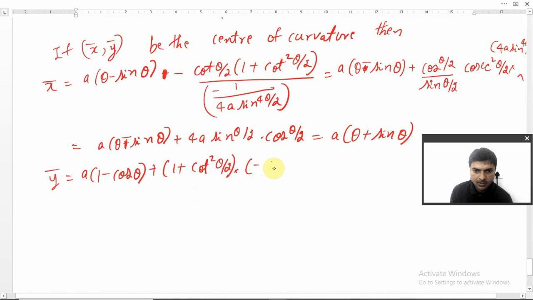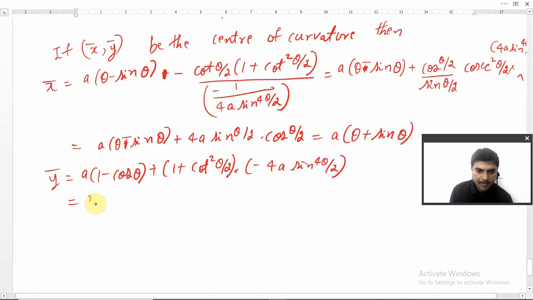So in the same way I will take it. It is minus 4a sine raised to 4 theta by 2. Plus into minus will become minus, and 1 plus cot square theta by 2 will become cosec square theta by 2, right? And that cosec square theta by 2 will cancel with sine square theta by 2.